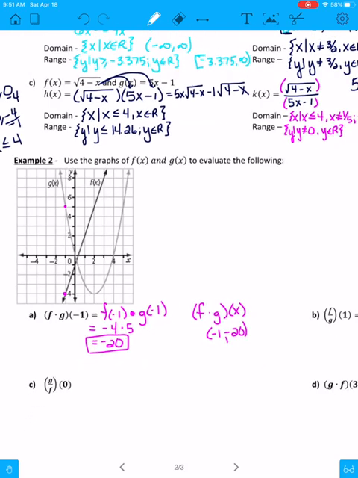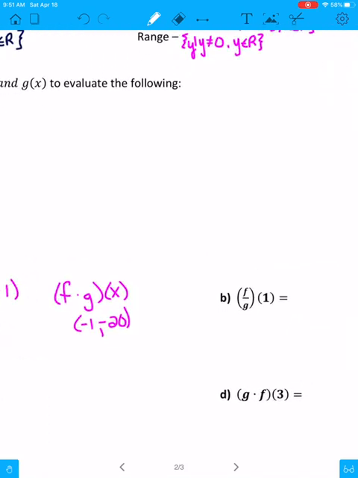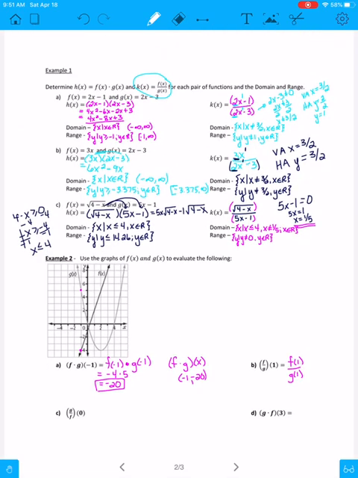Okay? B is f of 1 divided by g of 1. So f of 1 is up here, 2, divided by g of 1, which is -3.